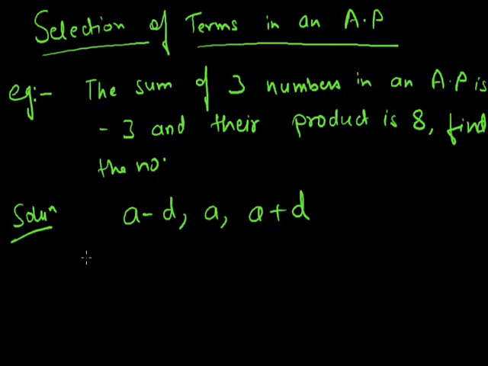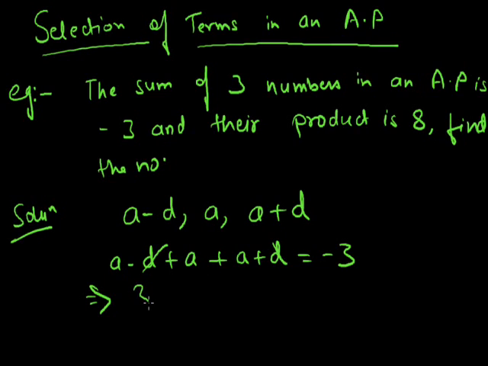As we have taken these three terms, let's start solving it. The first part of the question is the sum of three numbers in an AP is -3. So A minus D plus A plus D is equal to -3. In this equation, D is common but of opposite sign, one negative and one positive, so we can cancel that D. What we'll get is 3A is equal to -3.